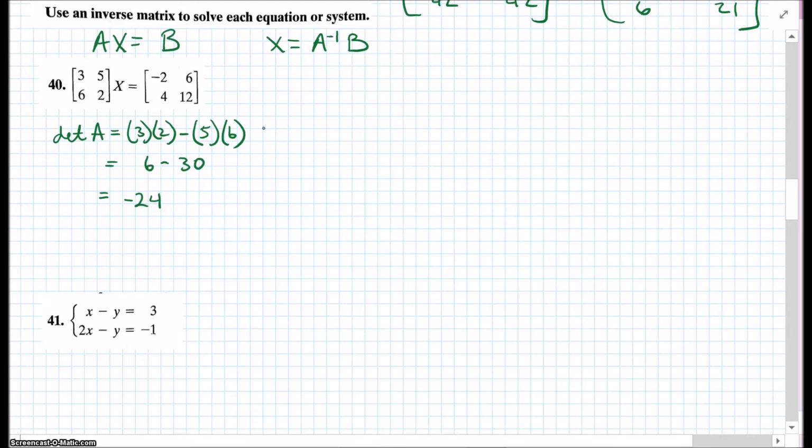So now we've got to find A prime. A prime equals 1 over the determinant. Flip your D and A and make your B and C negative.